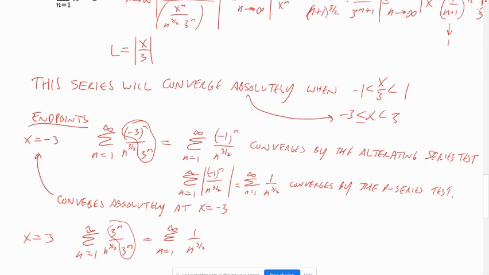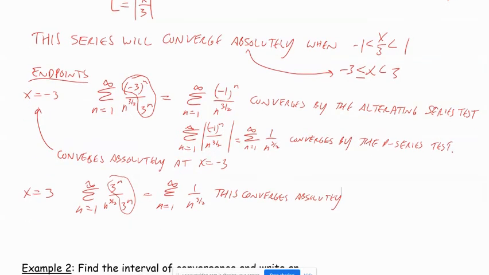And again, by the p-series test, this converges absolutely. It converges whether or not we put absolute value around it.